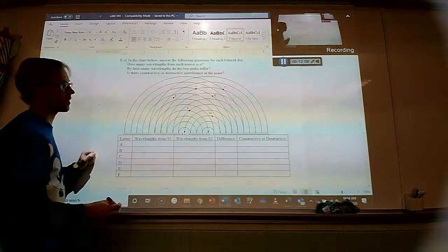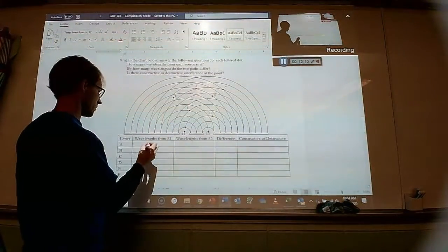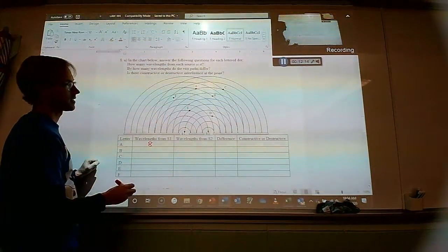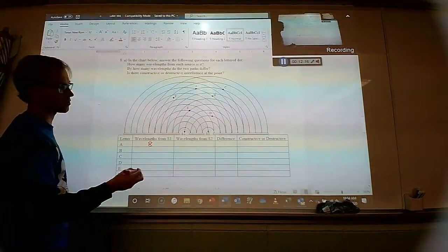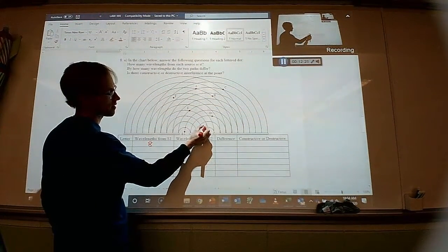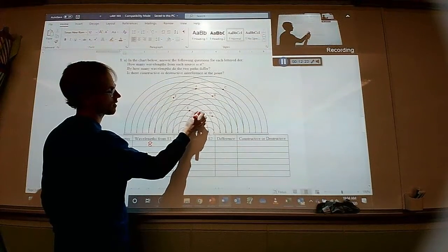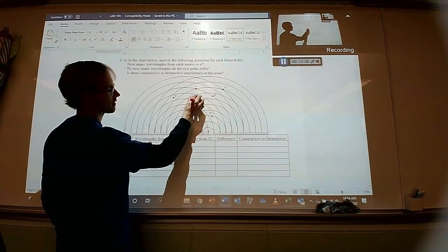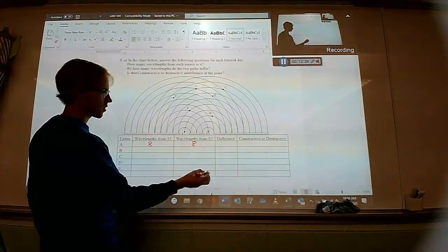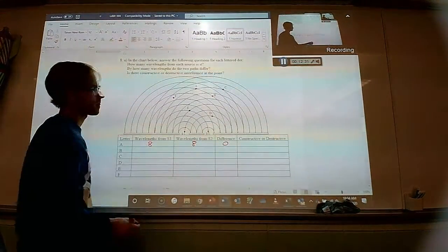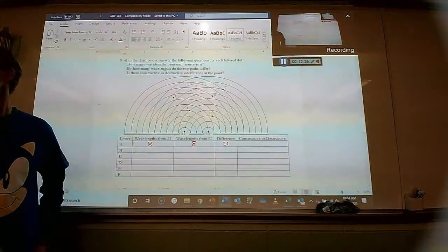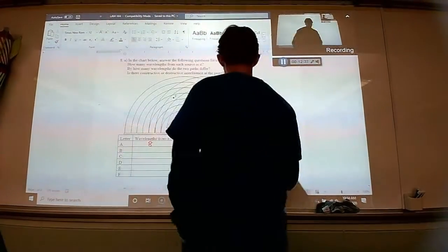So it's 8 wavelengths from source 1. And I can do the same thing from source 2. So from here to here is 1, 2, 3, 4, 5, 6, 7, 8. Of course, the difference is 0. And what is A? Is it constructive or destructive? Yeah, constructive interference.